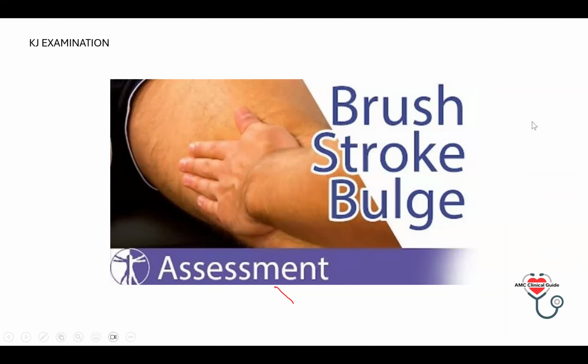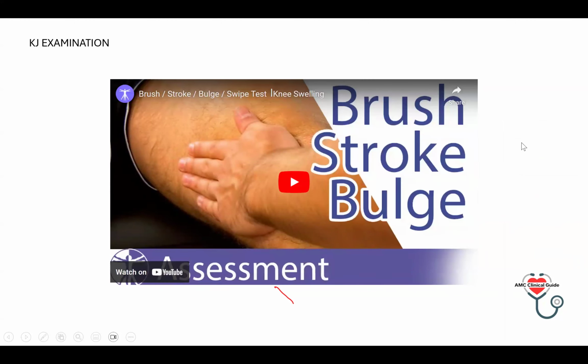So this is the next one, what we call the bulge test. That is another test to check whether there is effusion. When the effusion is not that large, you may not detect it with the patellar tap.